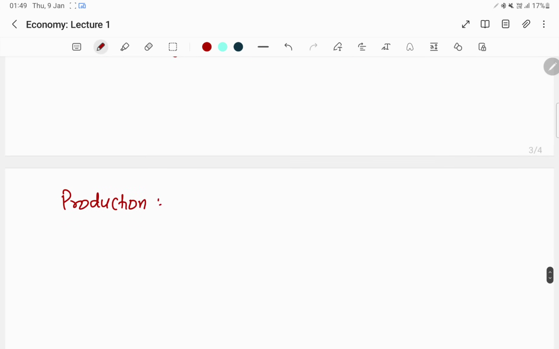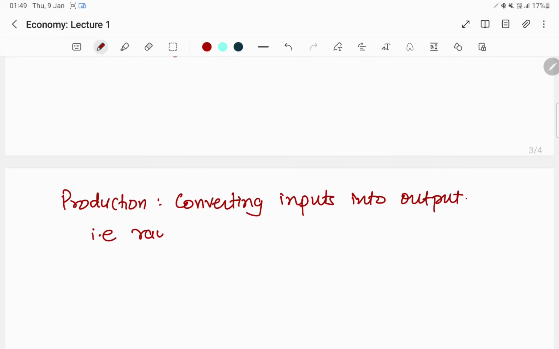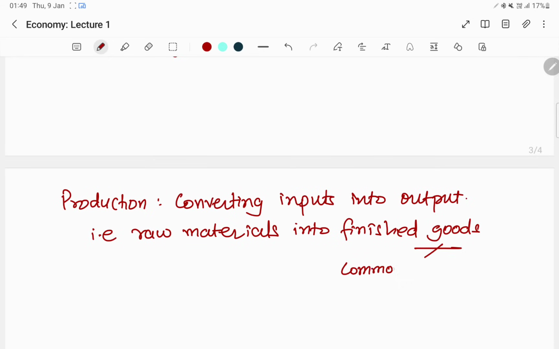Production is nothing but converting inputs into output. Some inputs are there, and we are converting those inputs into output. For example, raw materials into finished goods. And here goods means commodities. For example, you are performing mining and you got iron ore.